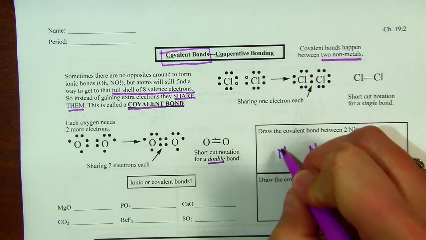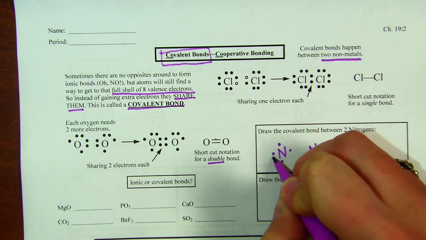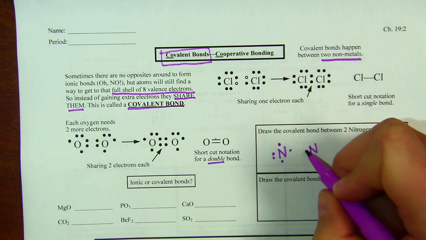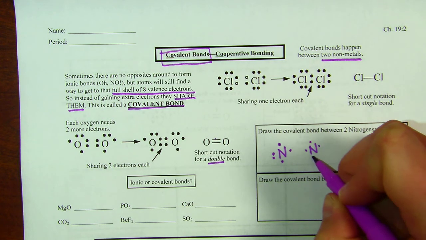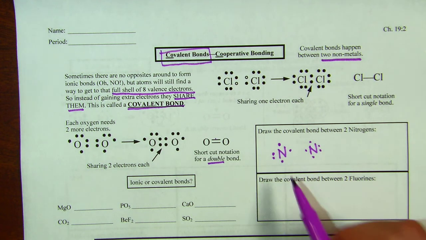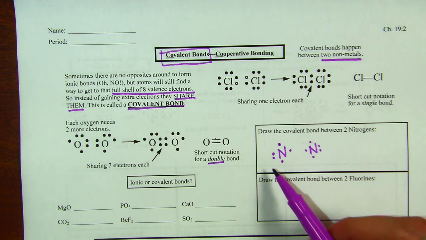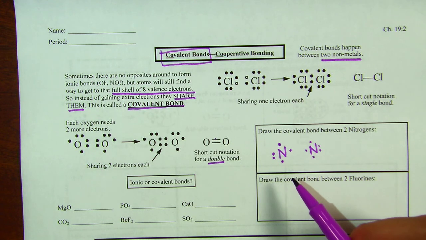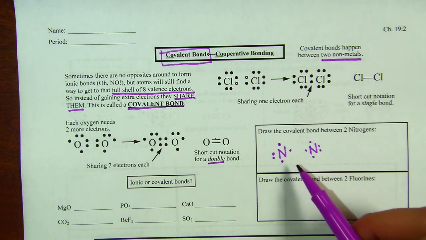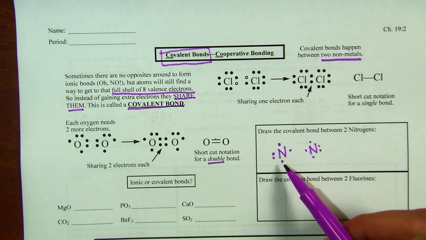I'm going to go ahead and draw nitrogen's Lewis dot structure, each one having 5 valence electrons. Our nitrogen atoms want to have 8. But if these are the only 2 atoms in close proximity to one another, neither one of them is going to give up any of their electrons because they're only 3 away from having 8.